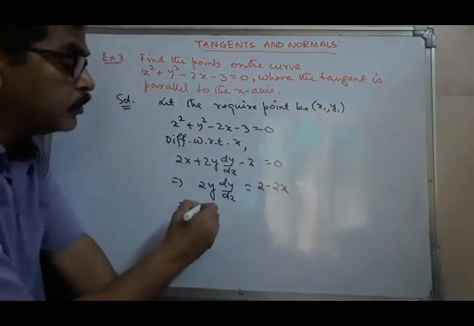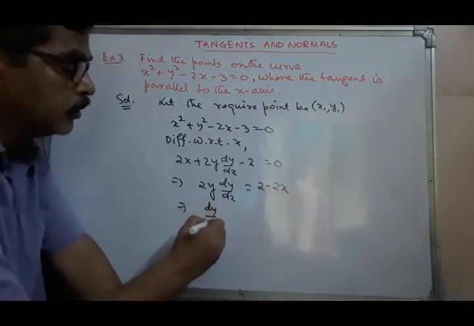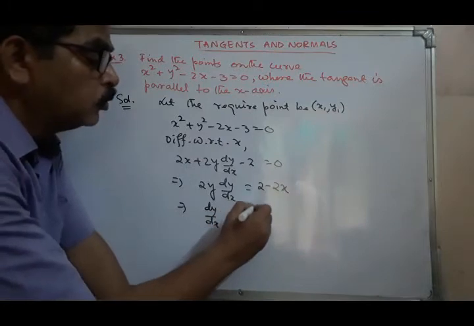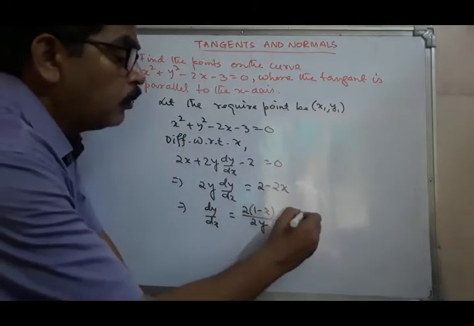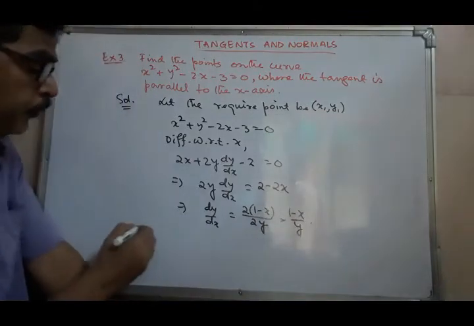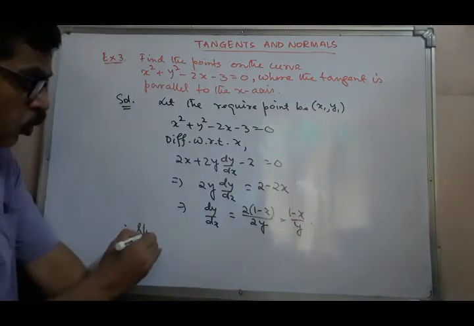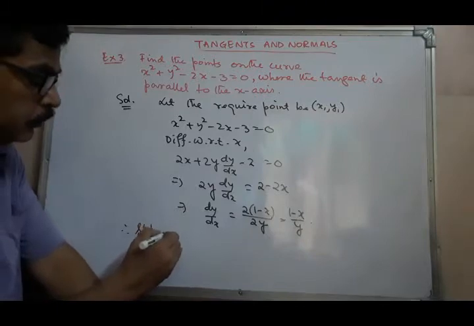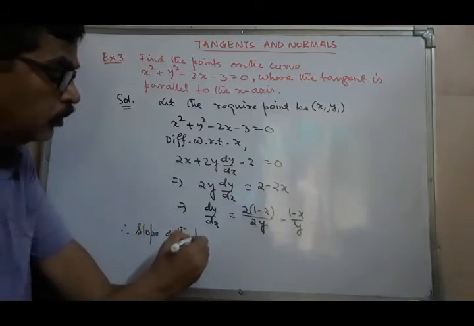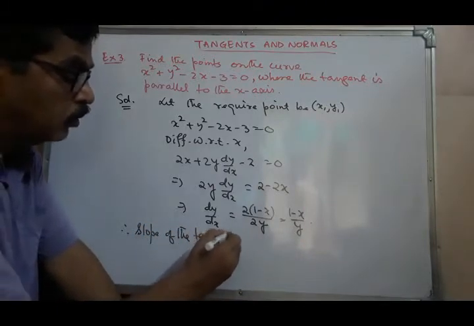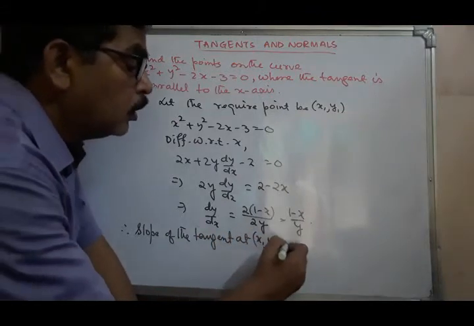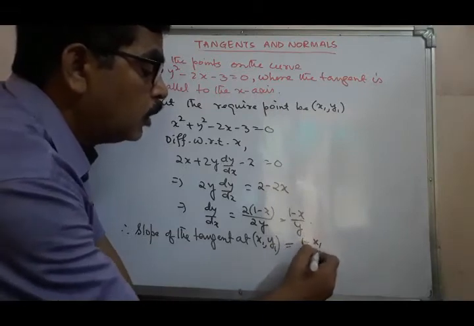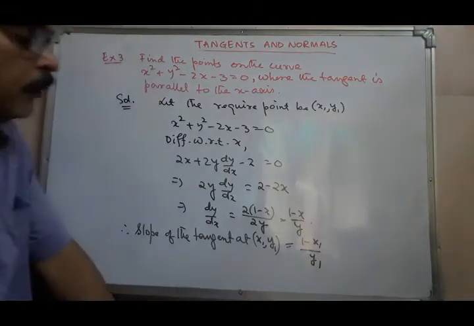This implies dy by dx equal to 2 minus 2x divided by 2y, that is 1 minus x by y. Therefore slope of the tangent at x1 y1 equal to 1 minus x1 divided by y1.